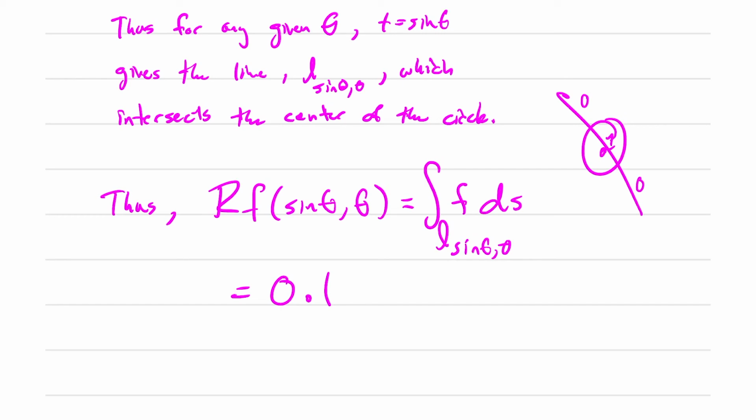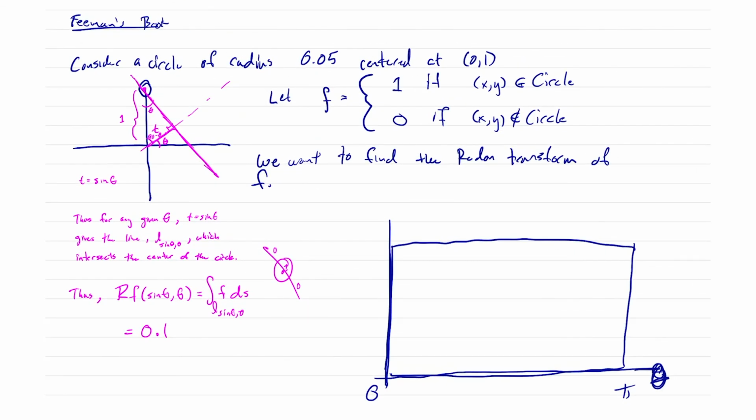Okay, so now let's go back to our sinogram. So we have this t here, and what we're saying is that if theta is equal to 0, then t should be sine of theta, so that should be 0. So we'll just say that here, rather, since t is always bigger, t should start here.